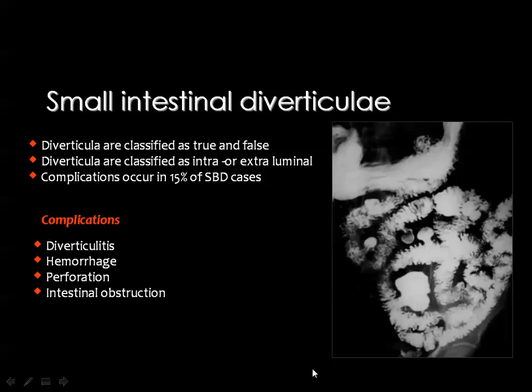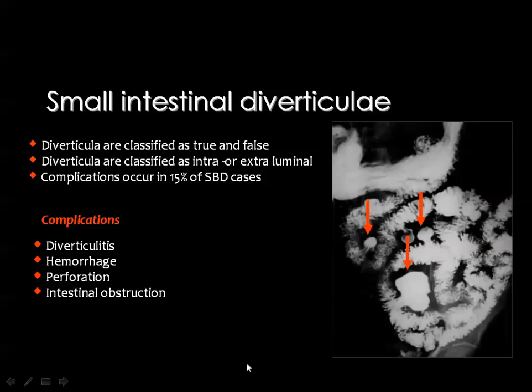Diverticuli in the small bowel are usually rare compared to diverticuli in the colon and in the duodenum. As a general rule, diverticuli have complications which include inflammation leading to diverticulitis, hemorrhage, and perforation, while those in the small bowel may lead to malabsorption and may also lead to intestinal obstruction.